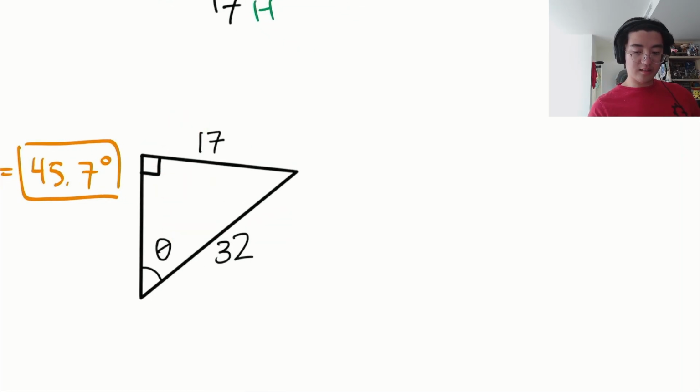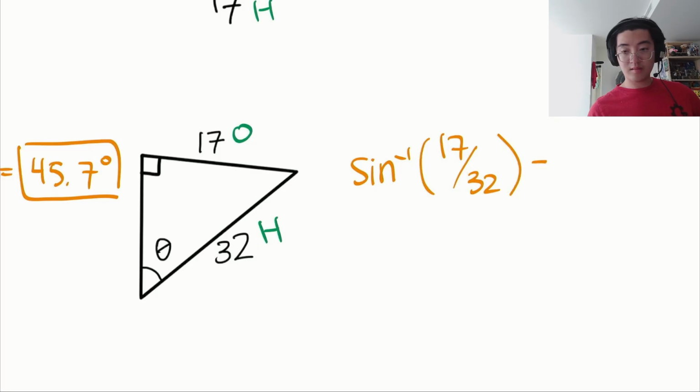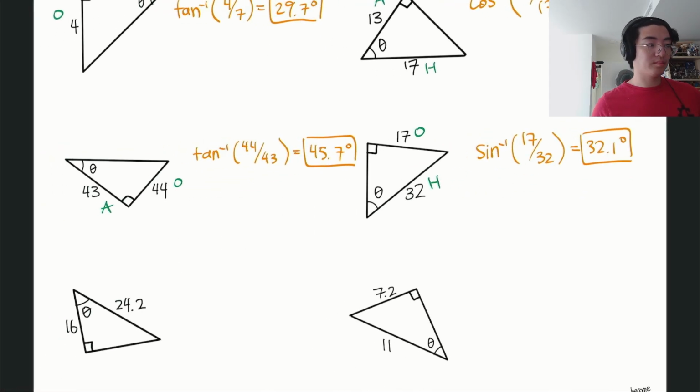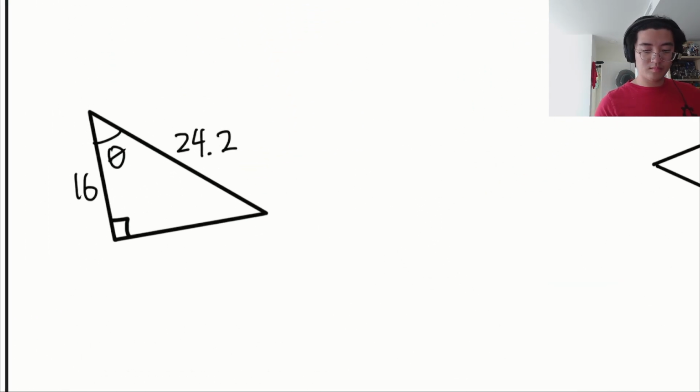That's the adjacent. That meant the hypotenuse, I just realized what I said. Okay, so we use sine. It's opposite over hypotenuse. Almost there.